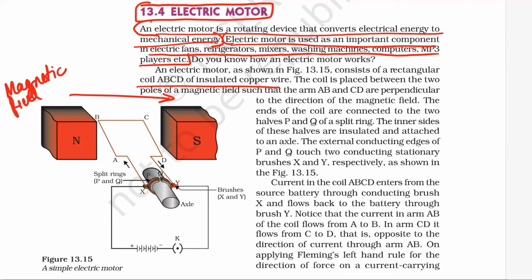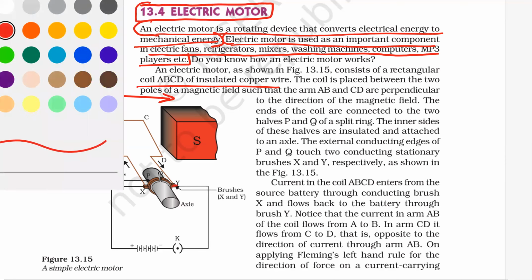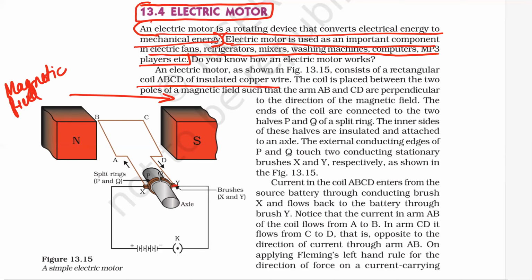Current always starts from the positive terminal of the battery and moves towards the negative terminal, so the direction of current is this way.